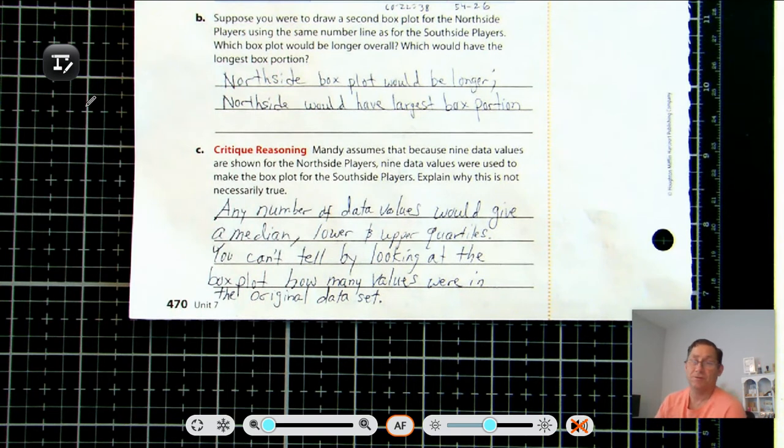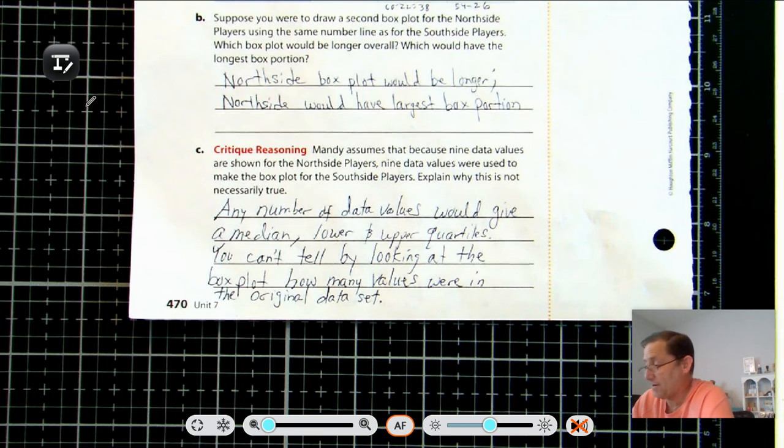And you can't tell just by looking at the box plot how many values were in the original data set. Okay, so she can't make that assumption.